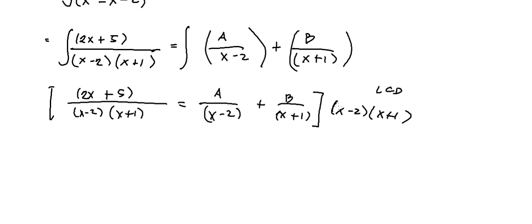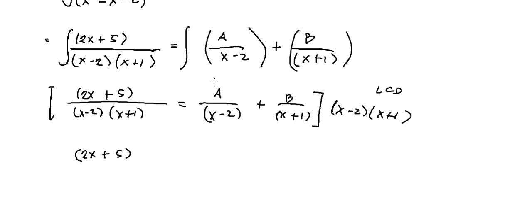If we multiply this term by (x minus 2)(x plus 1), the denominators will cancel out. What we have left here is 2x plus 5, since x minus 2 cancels out and x plus 1 cancels out.